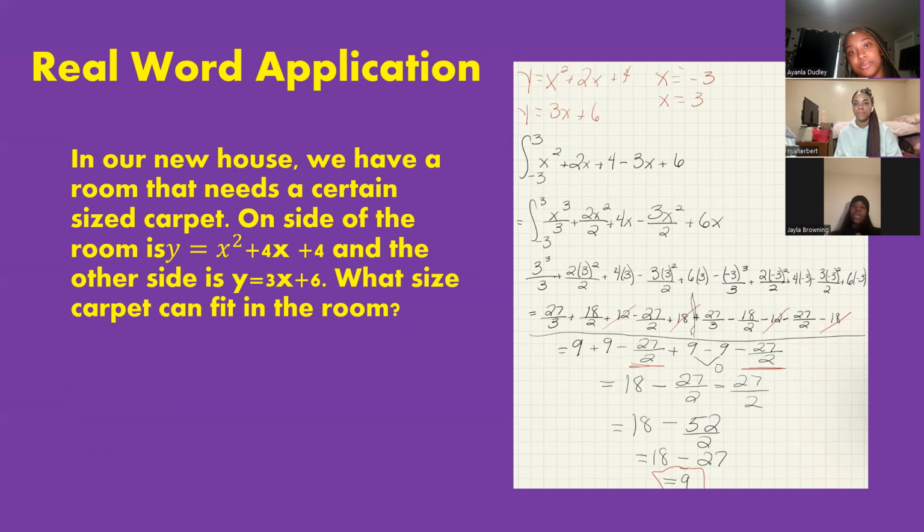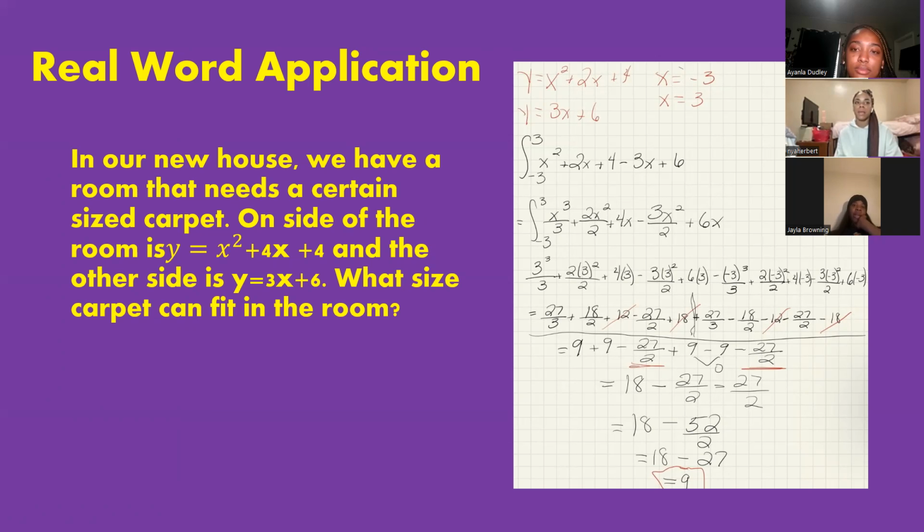So in this case, we would take the same steps. We would have to see which function is larger. So we're going to plug in 3 to see which one is larger and which one is smaller. 3 times 3 is 9 plus 6. We know that's 15. So now we're going to plug in for the top function. 3 squared is 9 plus 2 times 3, which is 6.